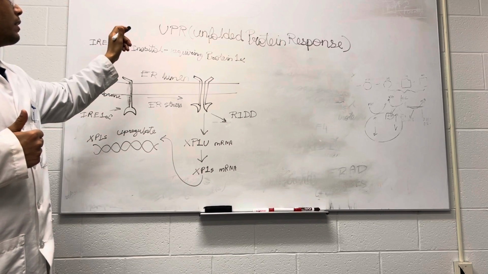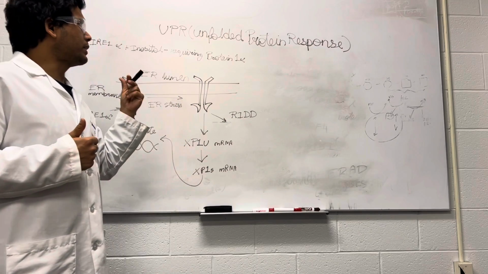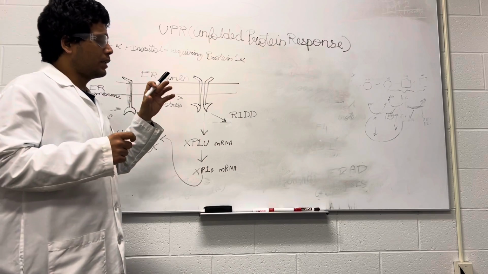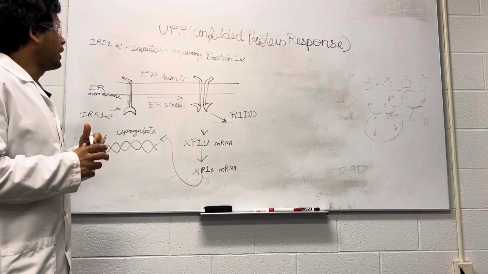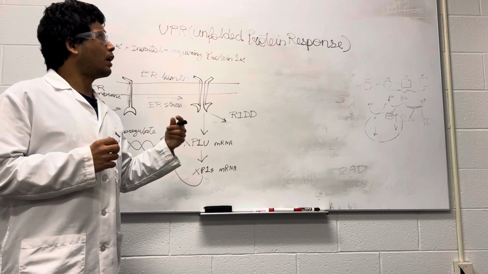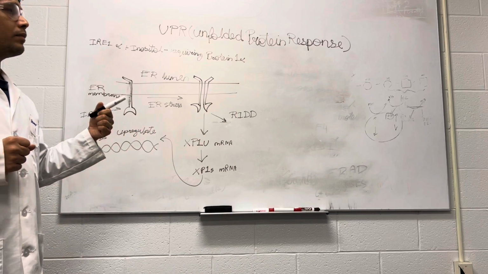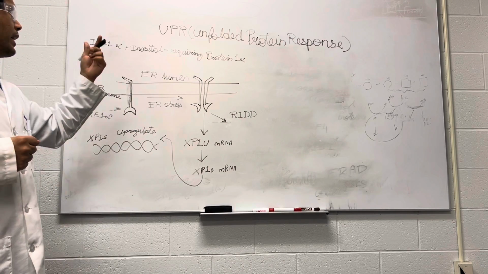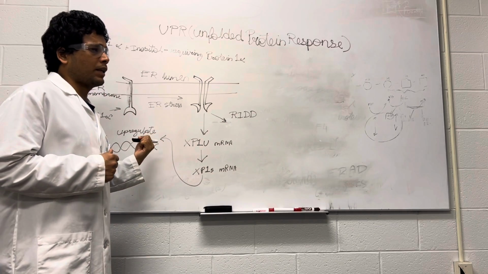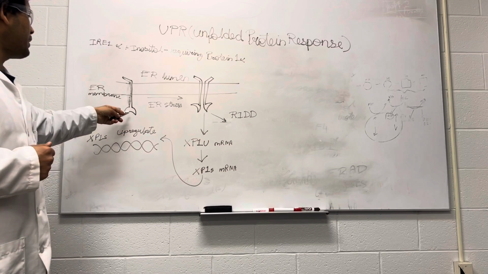Many of the correct foldings of the proteins occur in the endoplasmic reticulum. So this UPR mainly occurs in the endoplasmic reticulum, and when there is an accumulation of unfolded proteins more than its normal limit, a stress is generated inside the endoplasmic reticulum that leads to dimerization of this IRE1 alpha.